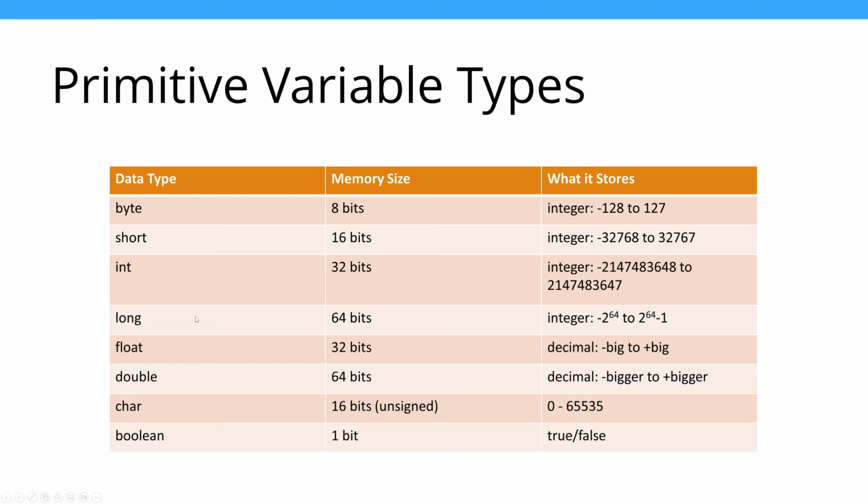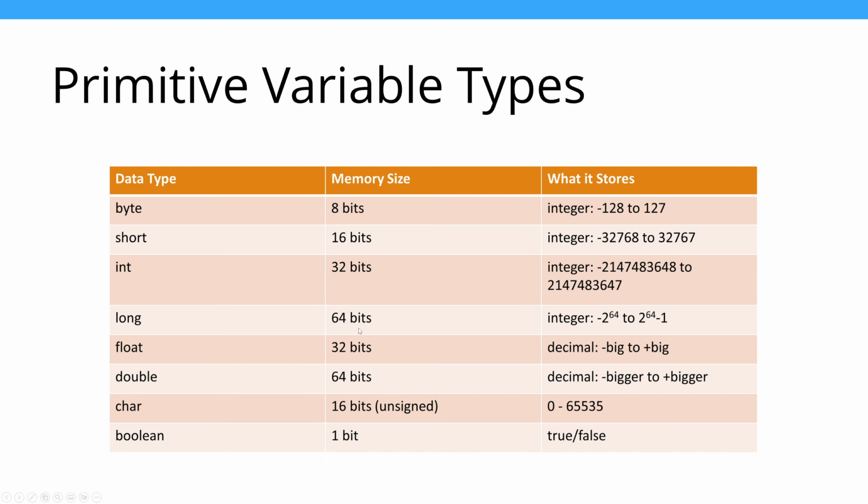But if you look at the long formula, do you notice this exponent? Do you see that exponent somewhere else on the row? We see 64 right here in the memory size and up there. So the range of the variable is dependent on how many bits the variable type takes up in memory.